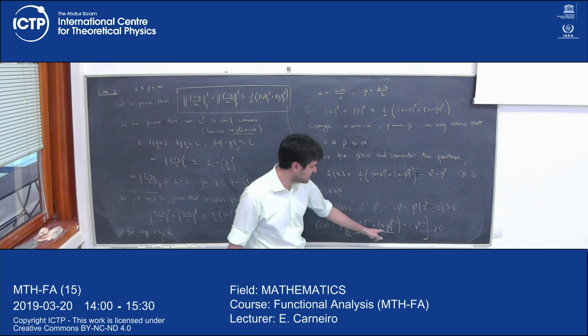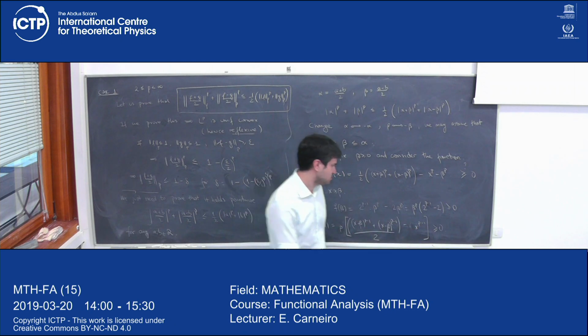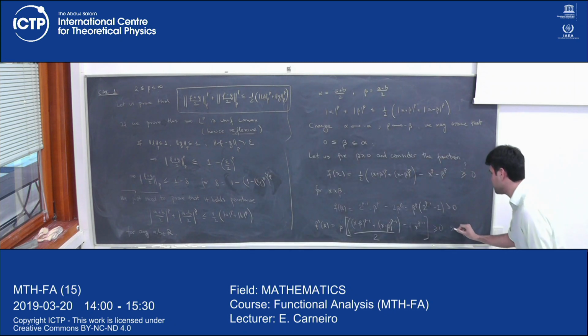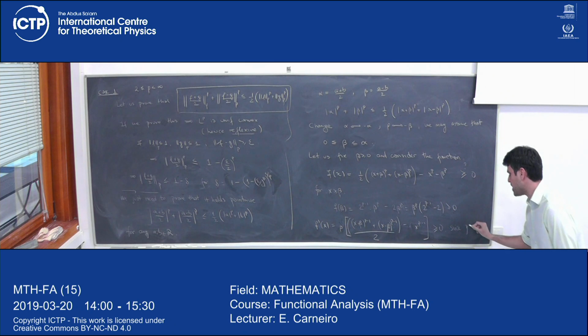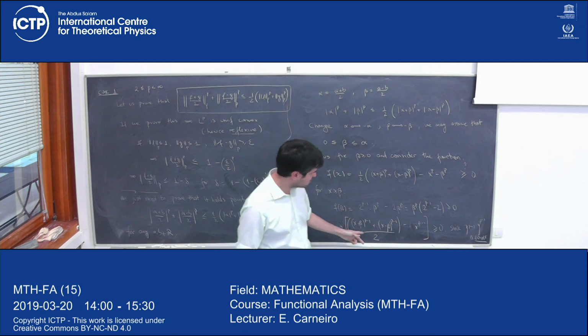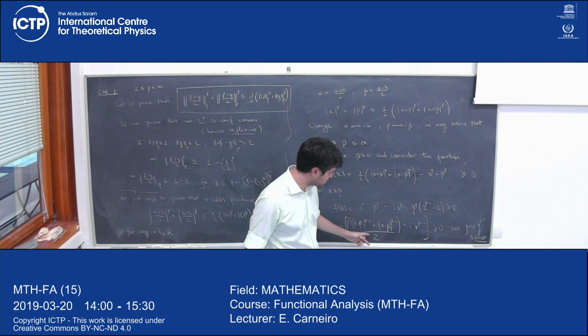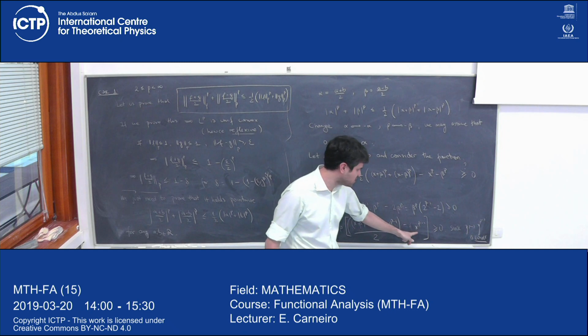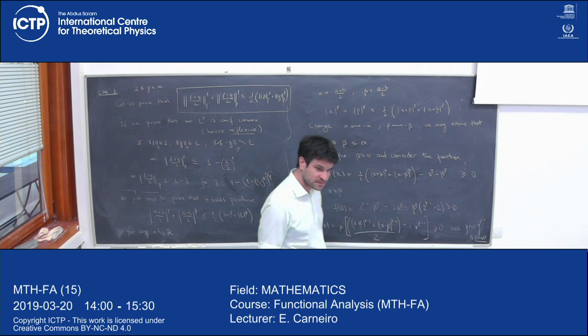Okay, so these two guys add up to x. So this is bigger or equal than 0 since the function that maps y to the p minus 1 is convex. So the average of the values is bigger or equal than the f of the average.